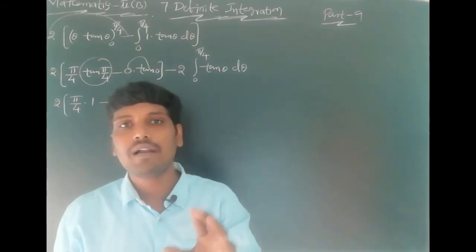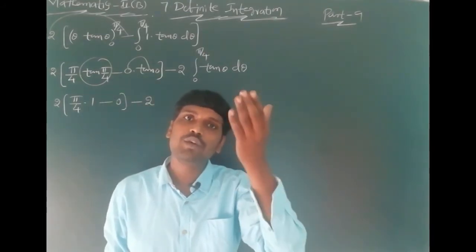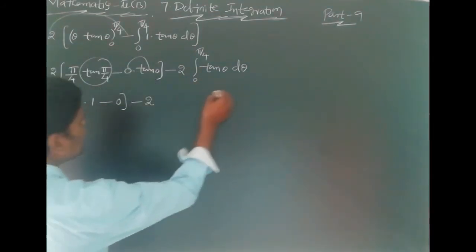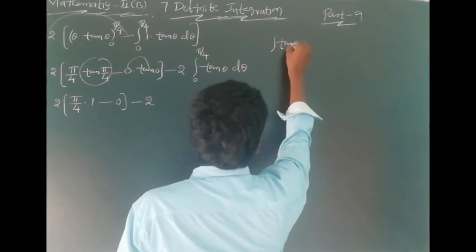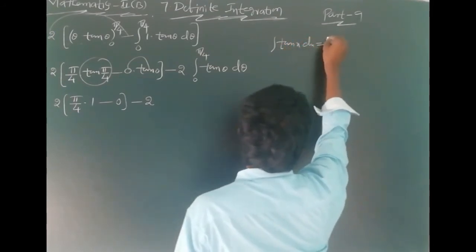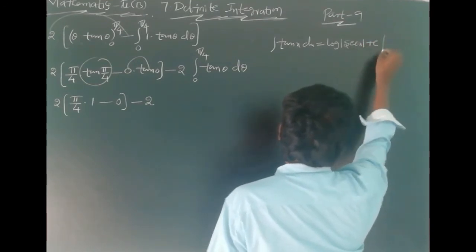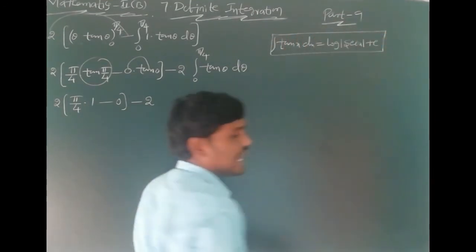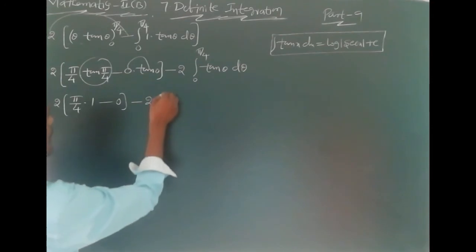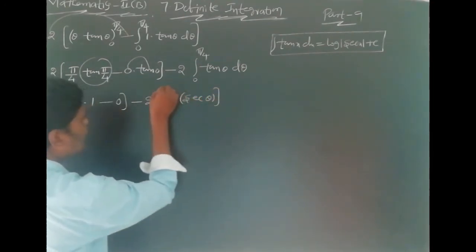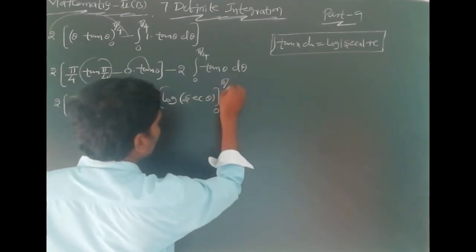Very important. This formula can also be derived using substitution method. See students, integration of tan x is log of mod of secant x plus c. You can write this formula log of secant theta, limits 0 to pi by 4.